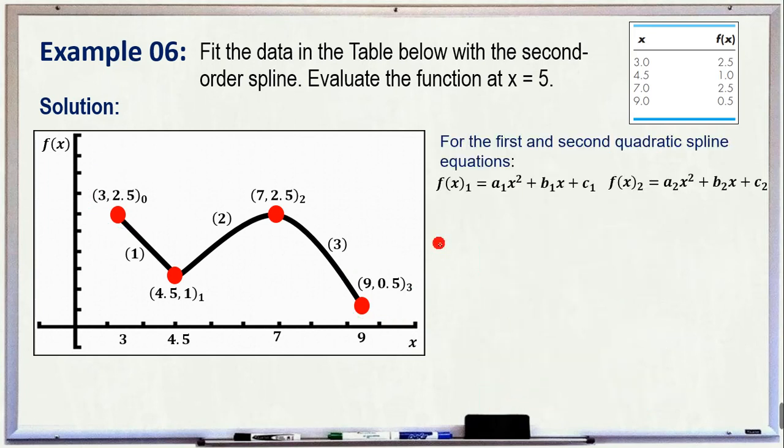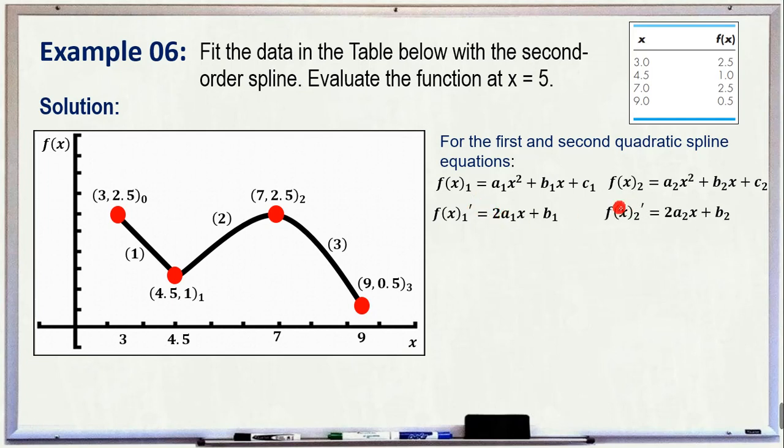Next, for the first and second quadratic spline equations, we all know that their first derivative, or their slope at this point, is equal. So we will take the first derivative of each of these equations. So for the first quadratic spline equation, the first derivative is 2a sub 1 x plus b1.